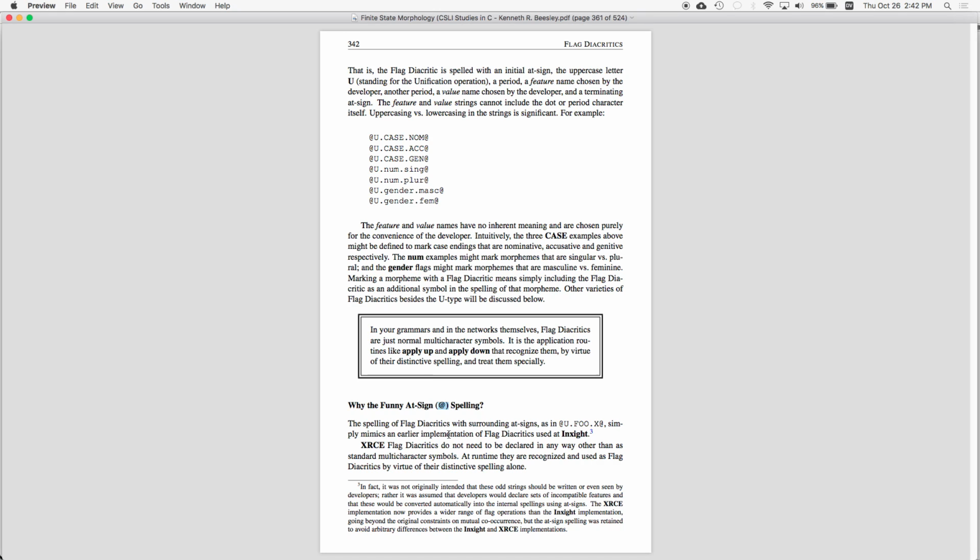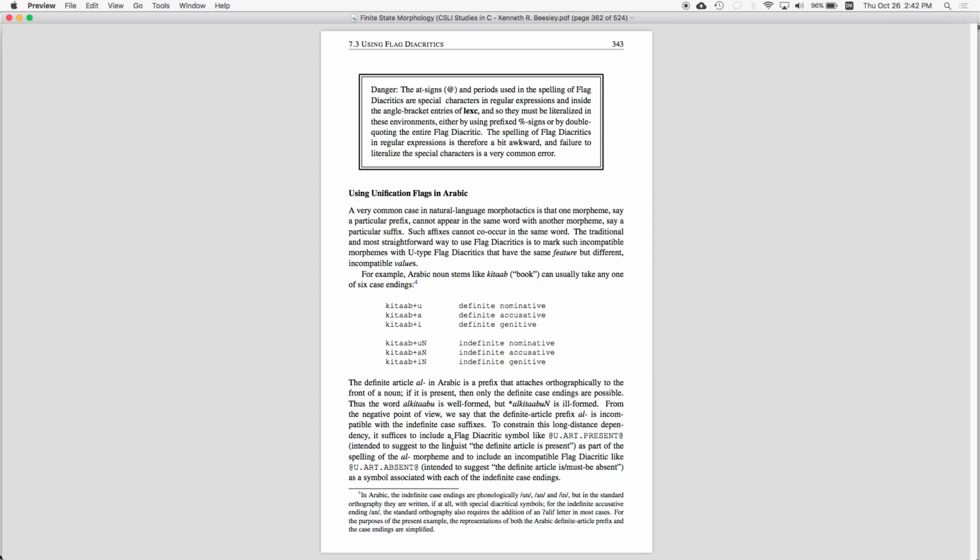Okay, but the funny @ symbol notation is used by the toolkit to notice that this is a flag diacritic. So that is how the toolkit knows that this particular multi-character symbol that we're inputting is a flag diacritic and not just some other random symbol that you put in there.